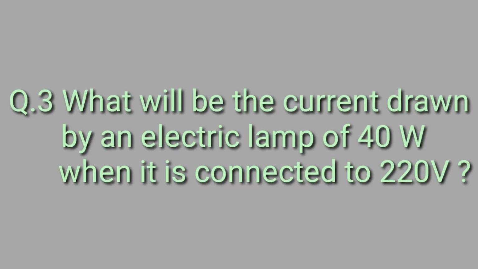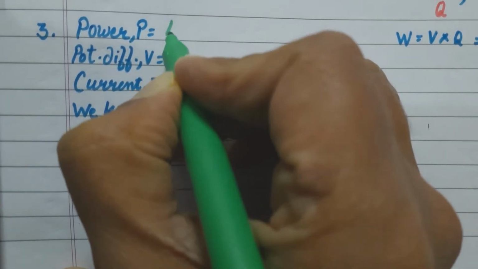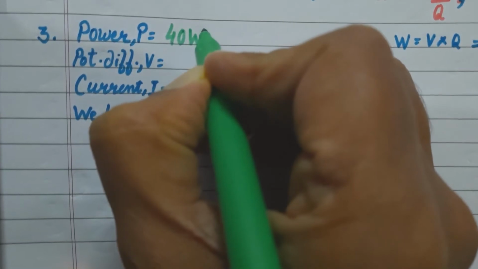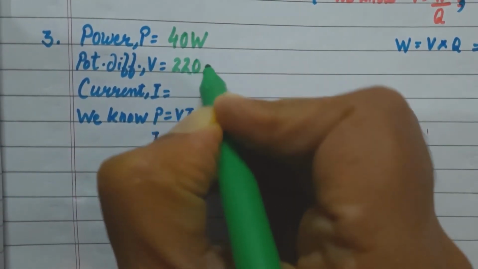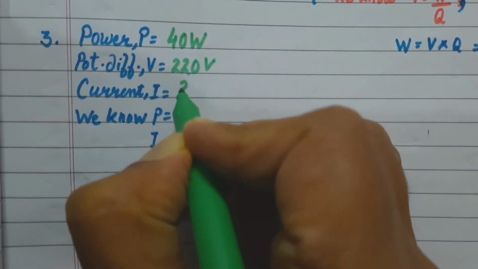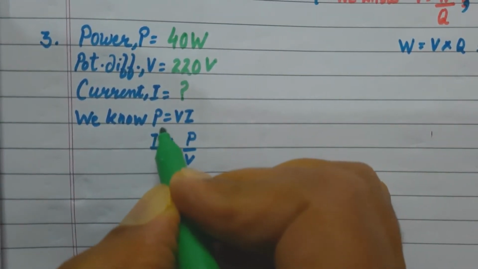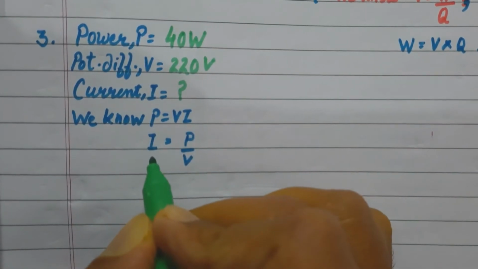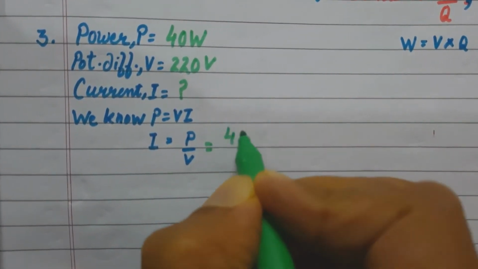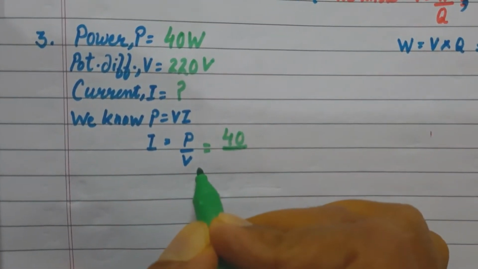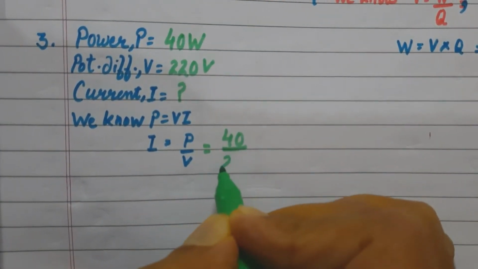Question 3. What will be the current drawn by an electric lamp of 40 watt when it is connected to 220 volt? Power is 40 watt, potential difference V is 220 volt. Current we have to find out. As we know, P equals VI. I can be calculated as P upon V. P is 40 and potential difference is 220.